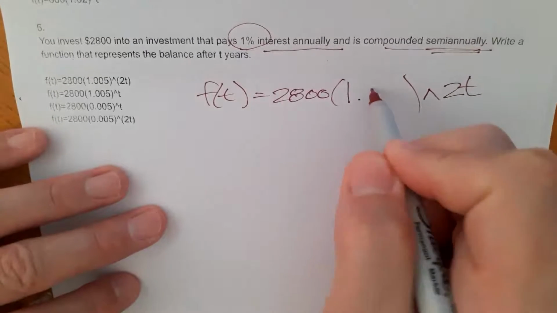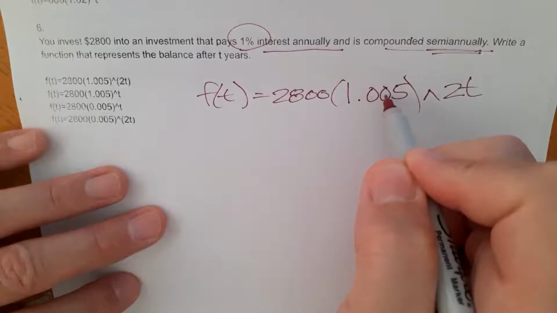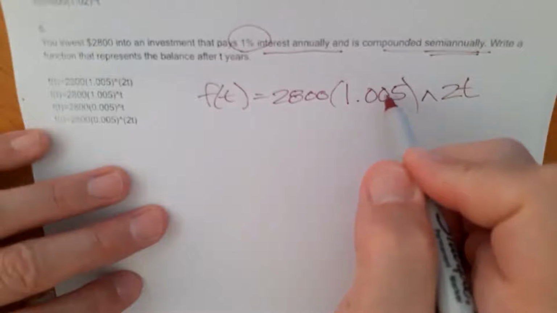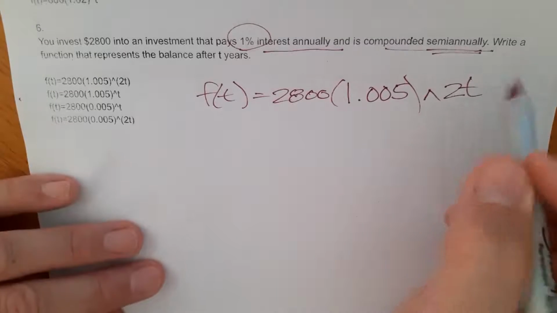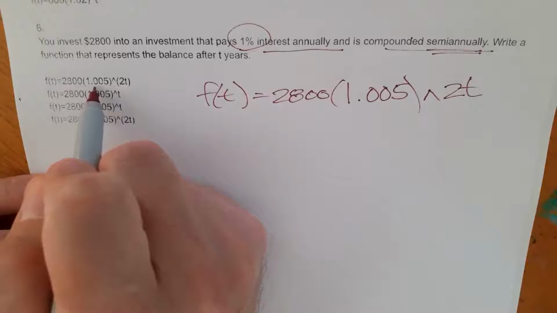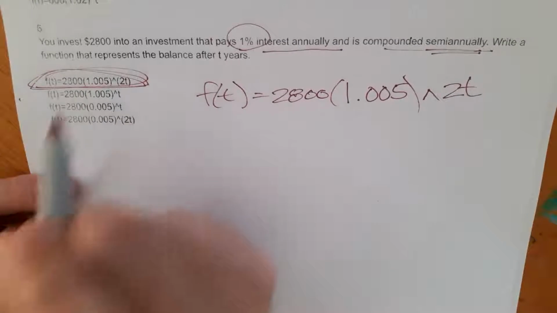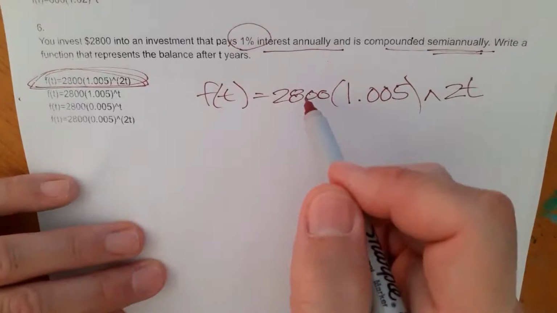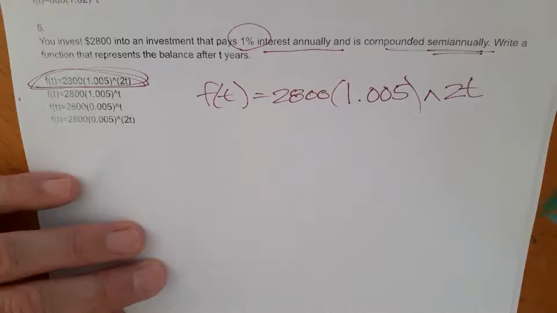So we start with 1 plus 0.005, instead of 0.01, split in half, raised to the 2t. All right, so f of t equals 2,800 times 1.005 raised to the 2t. We know our y-intercept is going to be 2,800, and we can graph that on desmos.com.